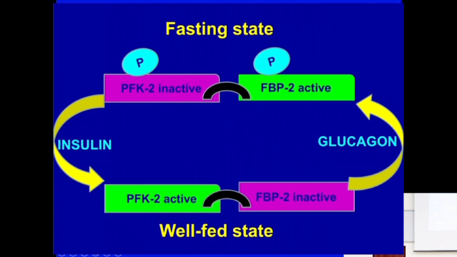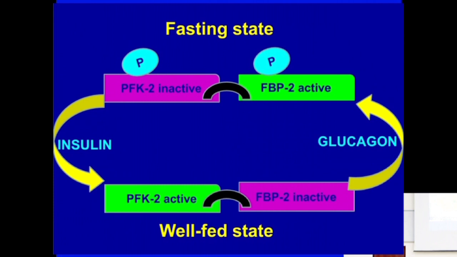Now I'll tell you how the interplay works. I'll go back here and try to confuse you as much as possible, because it is kind of a busy slide. At first look, it's kind of challenging.